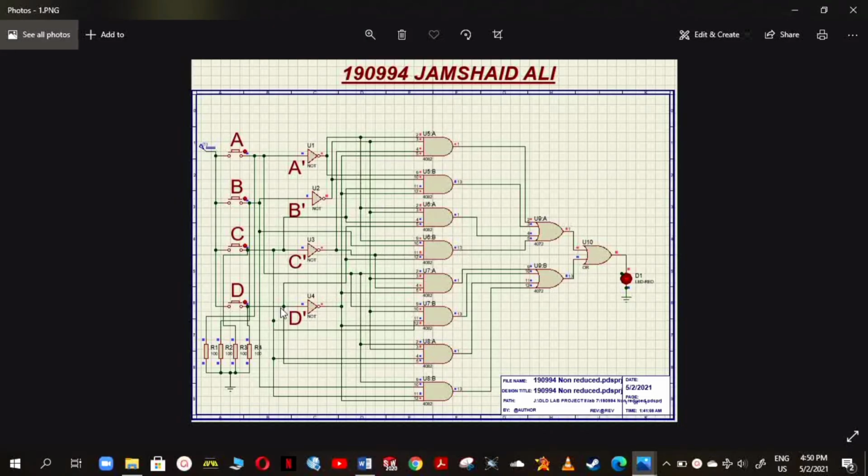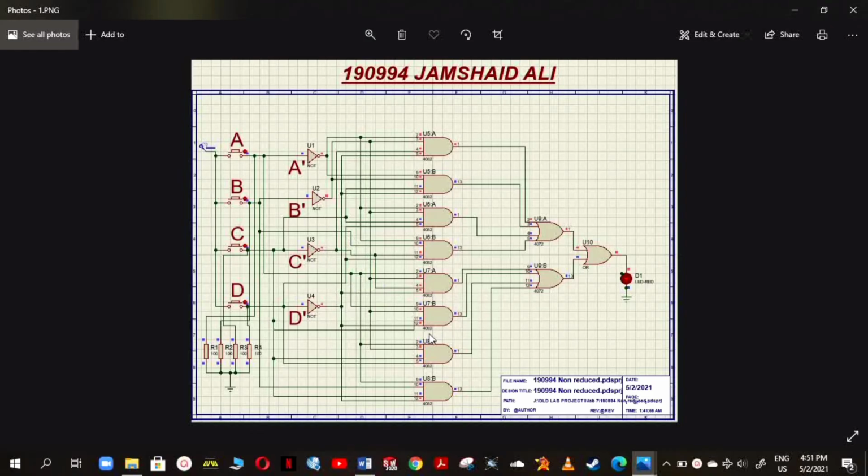In the fifth case, in the first input I attached only A, and in the second, third and fourth I attached simply NOT of B, C and D, meaning B dash, C dash and D dash.